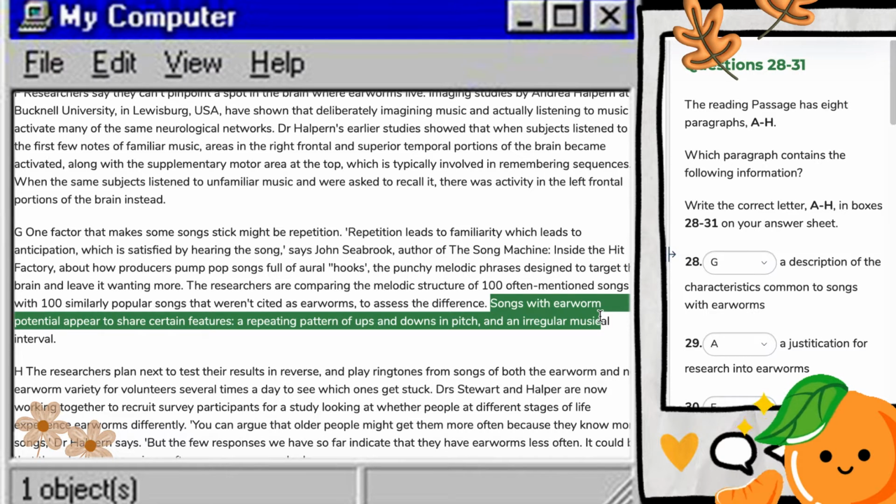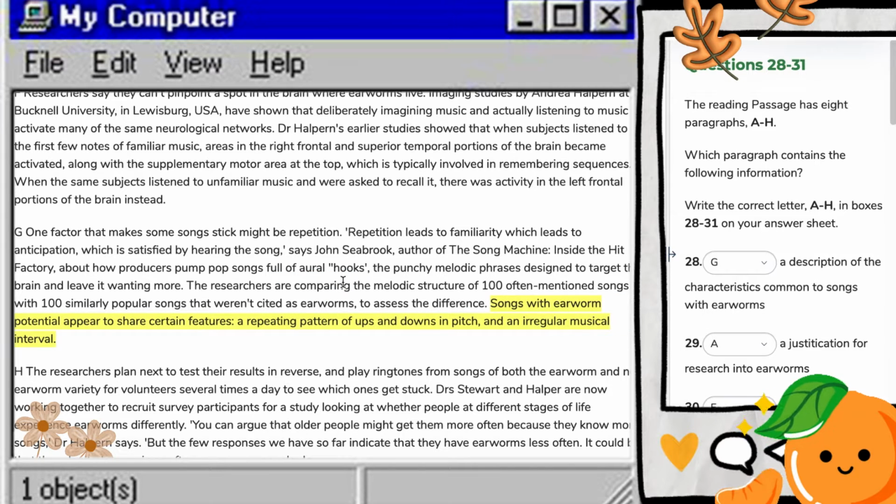A repeating pattern of up and down in pitch and an irregular musical interval. So, in this sentence, it means that those songs with earworm potential have the same feature, or common characteristic, which is a repeating pattern of up and down pitch and irregular musical interval. So that's it. Too easy, isn't it? Next question.